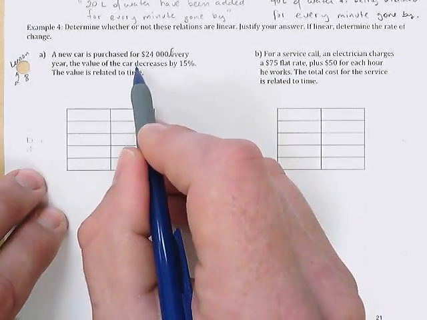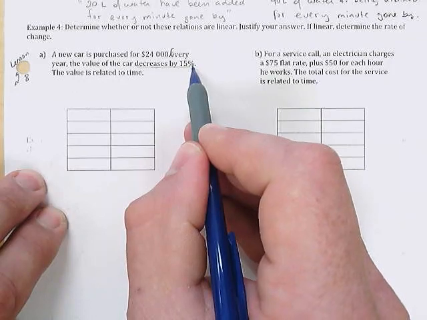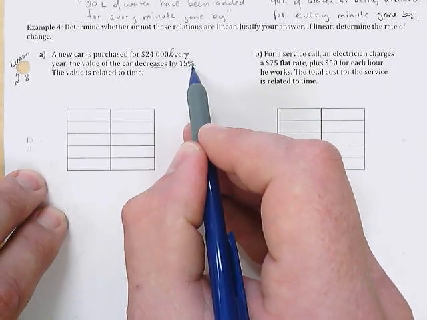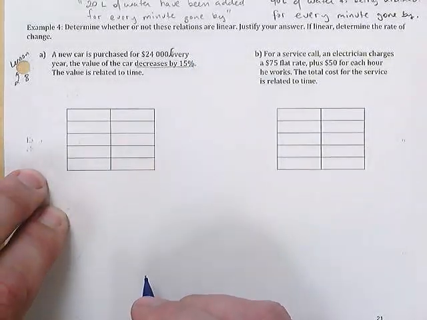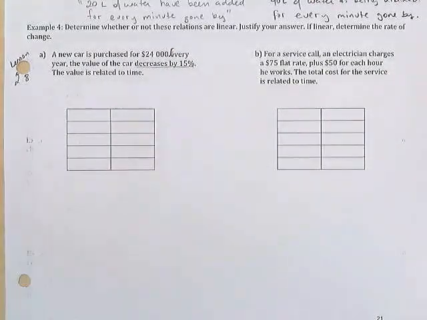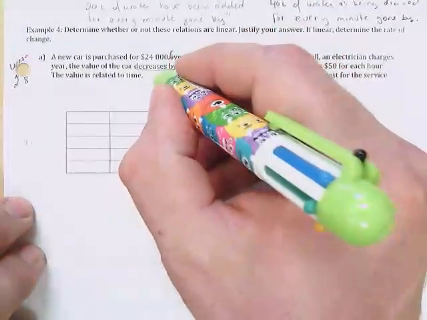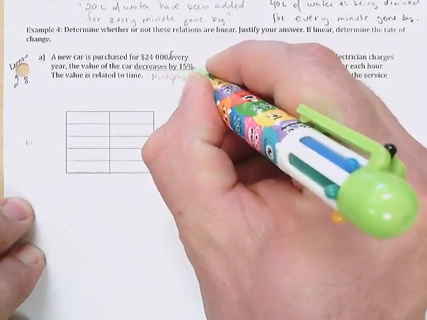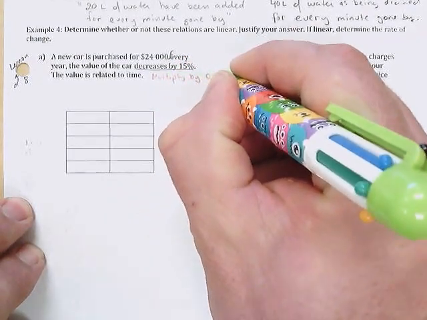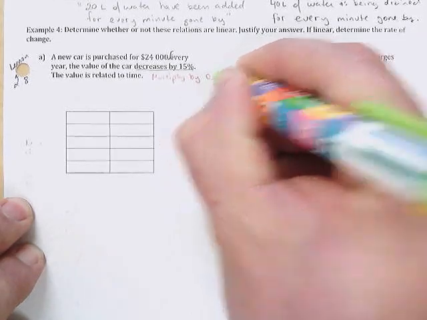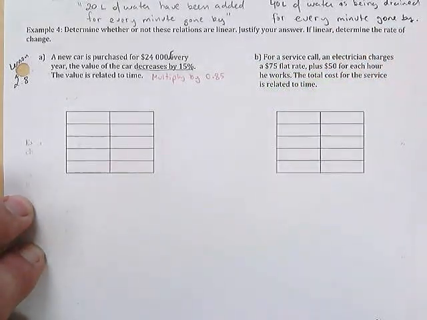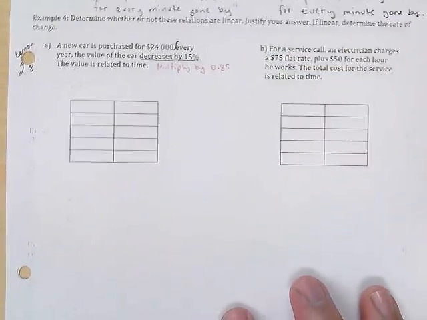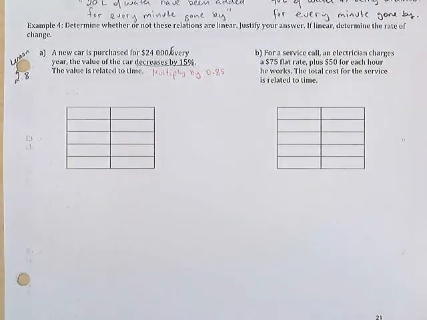If something decreases by 15% every year, that means that 85% of the value is still there. So what we're going to do here is multiply by 0.85 to get from one year to the other.